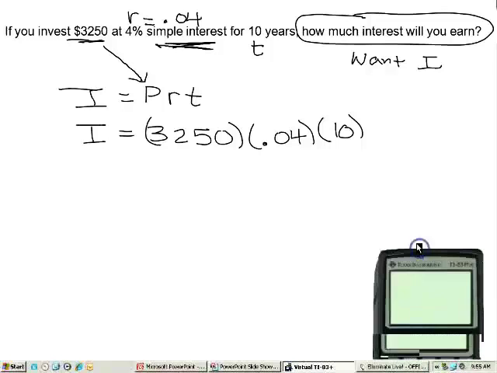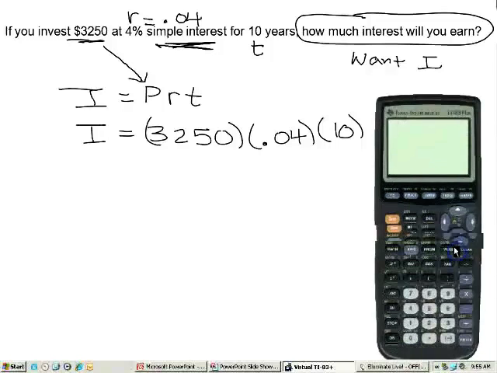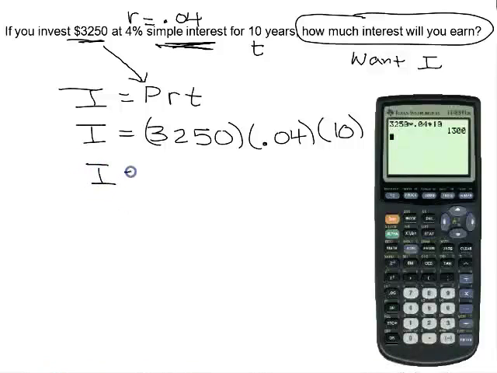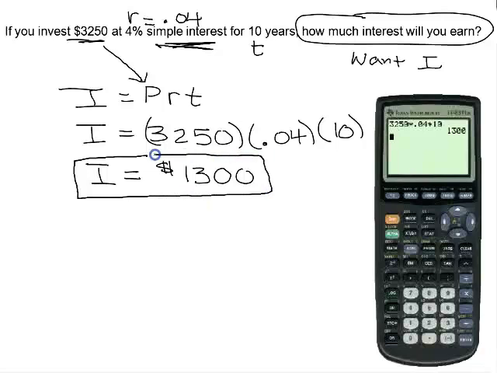So let's see what that's going to be. $3,250 times 0.04 times 10. We're going to have interest of $1,300, or since we're investing, we will earn $1,300 in interest.